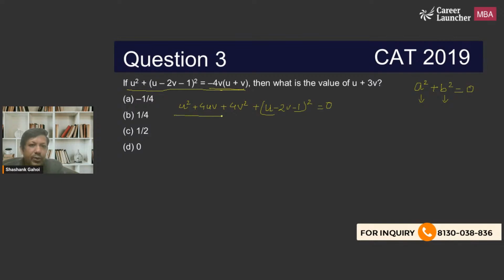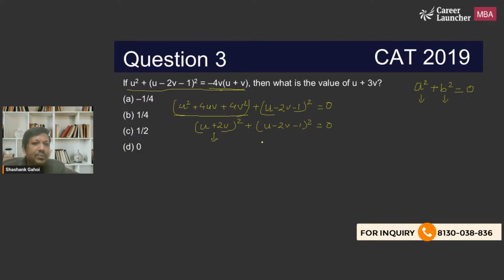If you look very closely, you are going to get u plus 2v whole square plus u minus 2v minus 1 whole square.